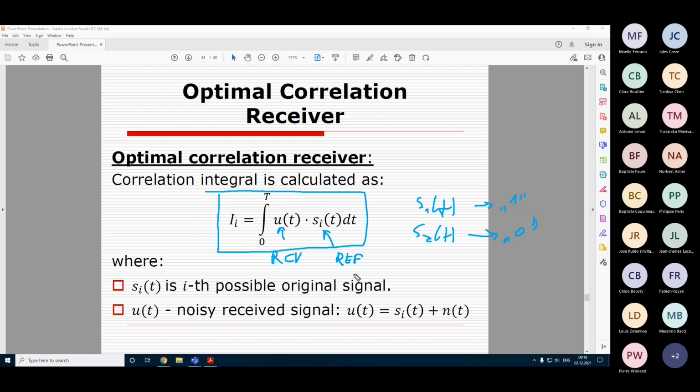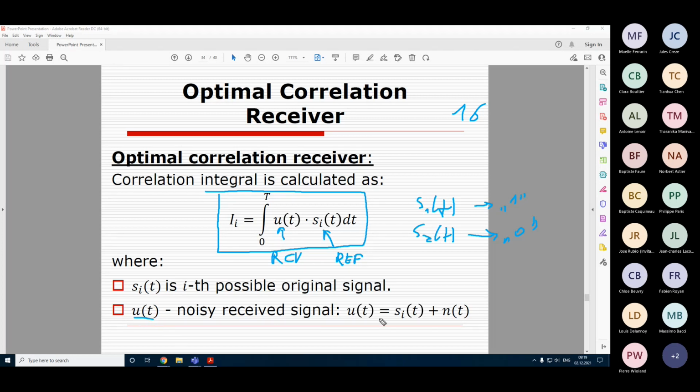That means we have to calculate two correlation integrals, one for signal S1 and second for signal S2. If we are having a non-binary modulation type, for example, 16 signals, then we will have to calculate 16 correlation integrals. Well, at least following this logic. A little bit later, I will show you that it will actually be possible to avoid so many calculations and stick to a minimum of correlations calculated.